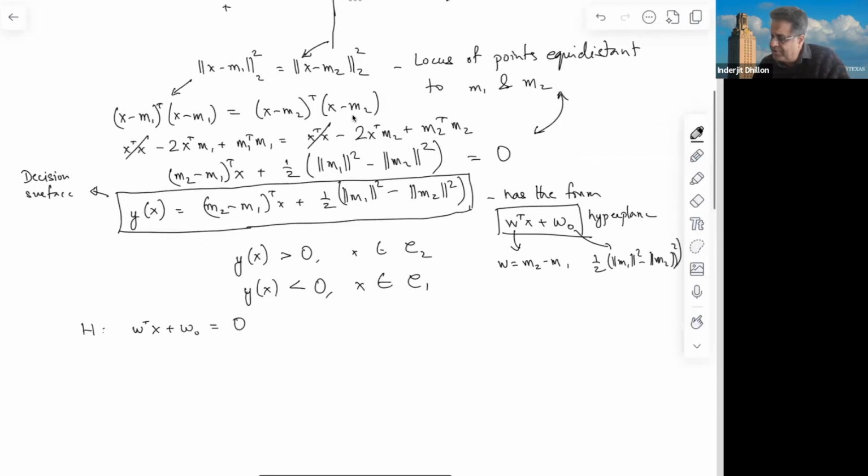Again, I'm going to visualize it in 2 dimensions, but many of these will extend to higher dimensions. So W is some vector like this, and the hyperplane is essentially normal to this. This is called the normal, meaning perpendicular to the hyperplane.